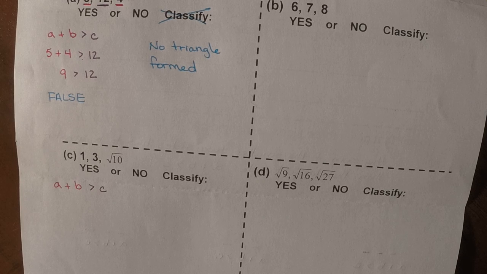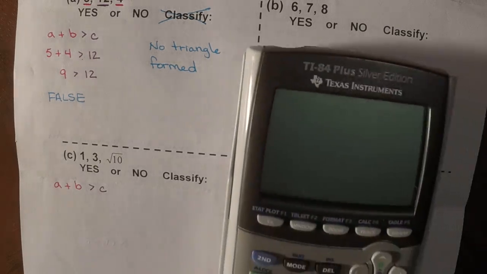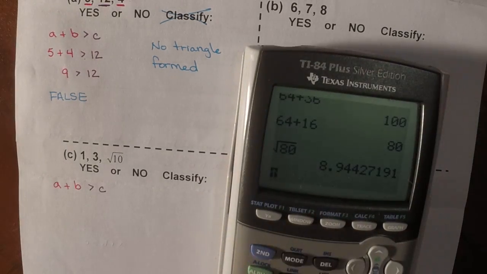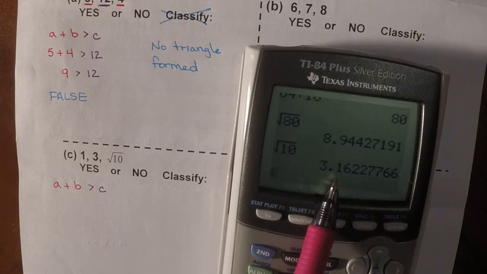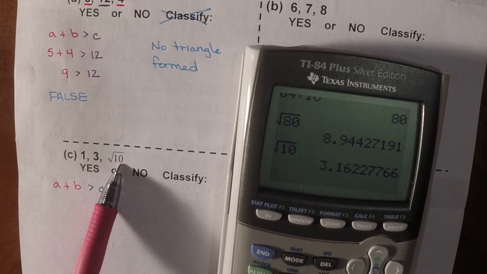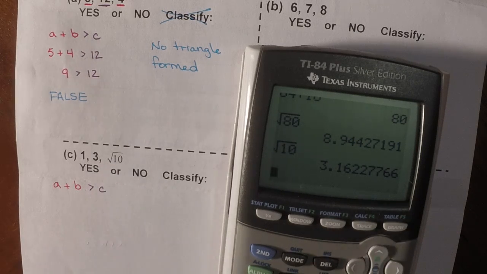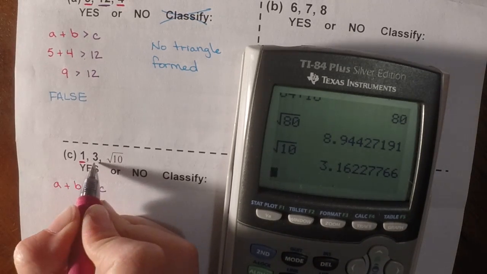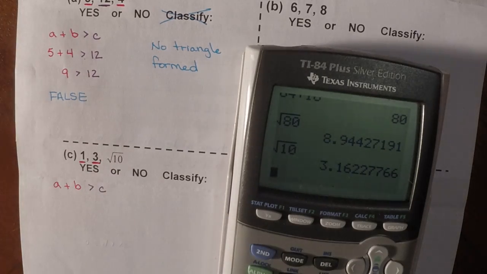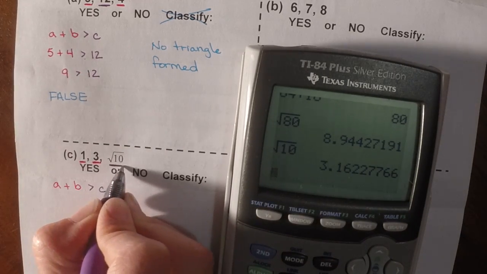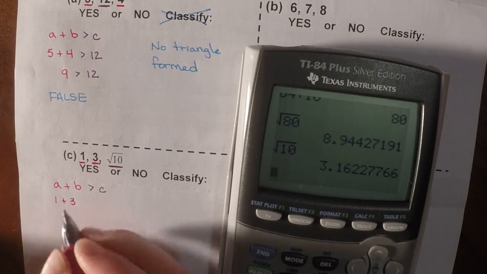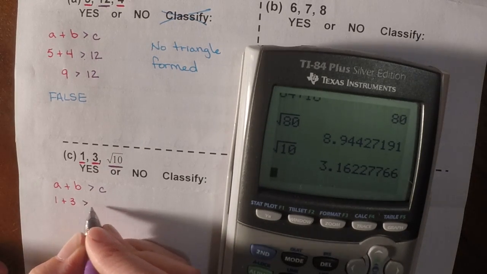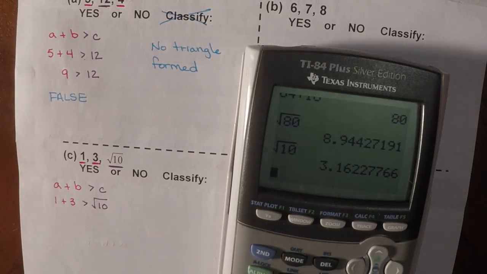So this is where it gets a little bit hard, but if you're not sure, take the square root of 10. So the square root of 10 comes out to be 3.2. So this is the largest side. So the smallest one is going to be this, and then this is going to be our largest side. So I would have 1 plus 3 has to be greater than the square root of 10.